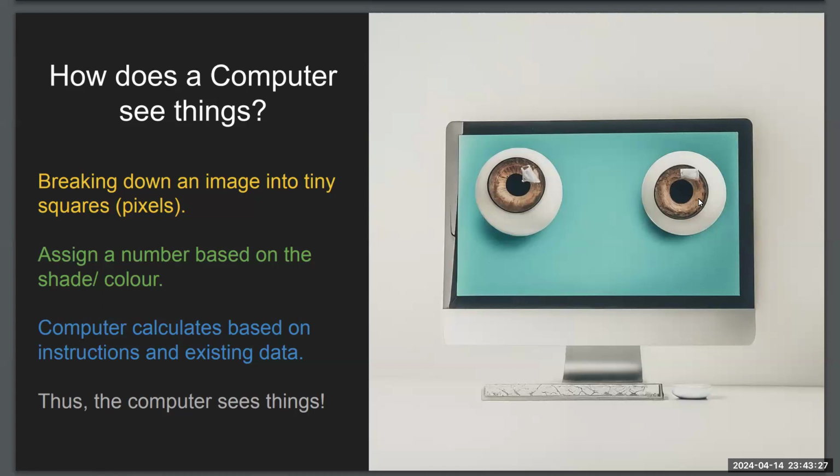Then the computer calculates based on instructions, which could be mathematical functions and existing data. And based on these calculations, the computer is able to see things very similar to how humans see things, which is pretty awesome.